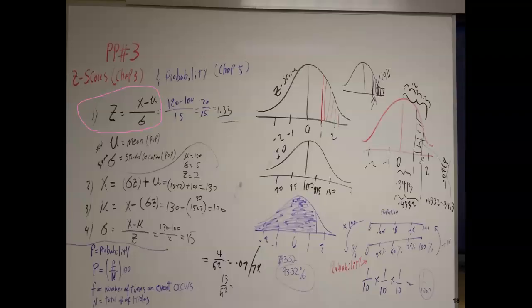If the percentage is 25%, what would be the proportion? You divide that by 100, 0.25. And those are different calculations. We will go over that next time.